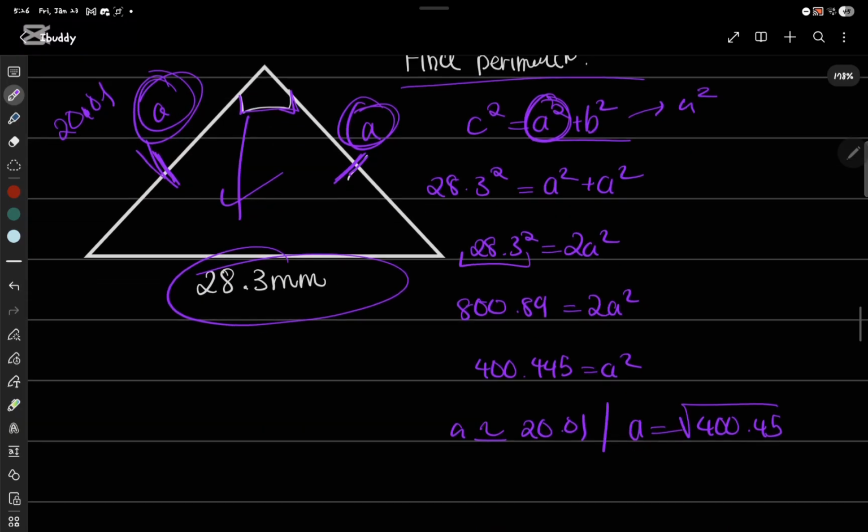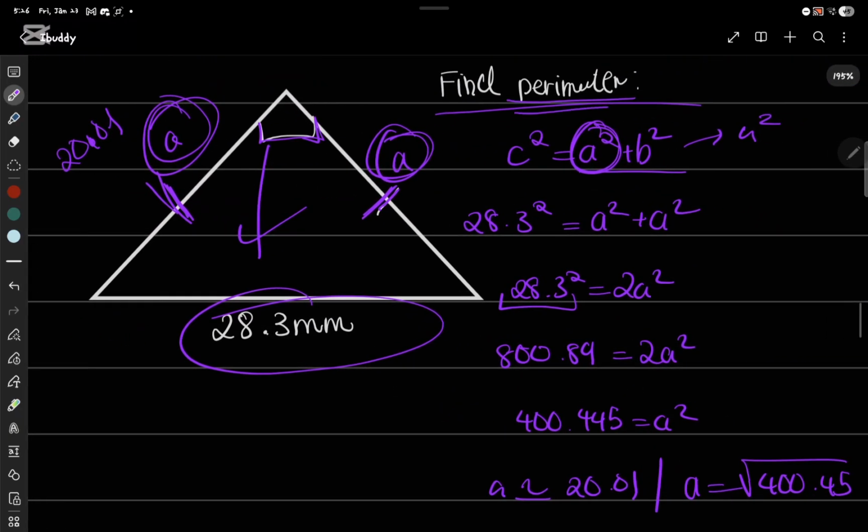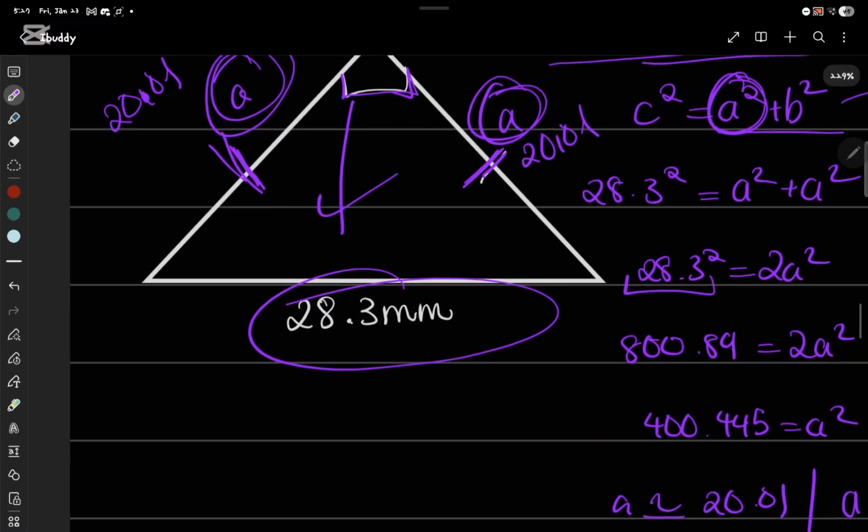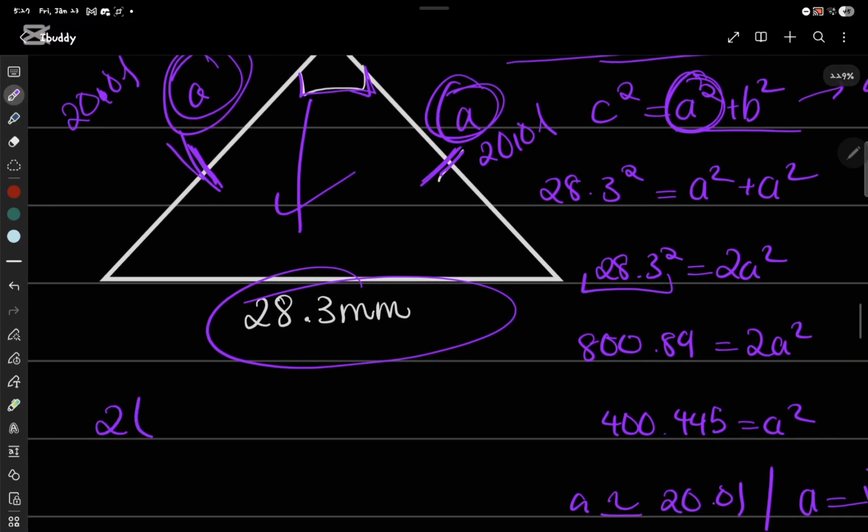So now we can just plug it into the perimeter of a triangle formula. Because these two sides are both a, so they're both 20.01. So you have all these sides, and you can plug into the perimeter formula. So it's going to be 2 times 20.01 plus 28.3.